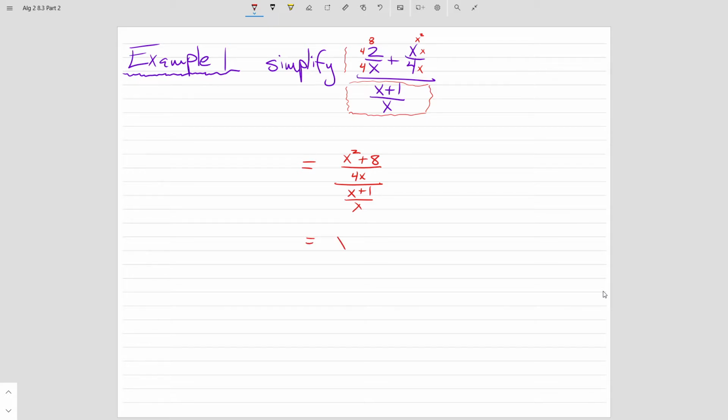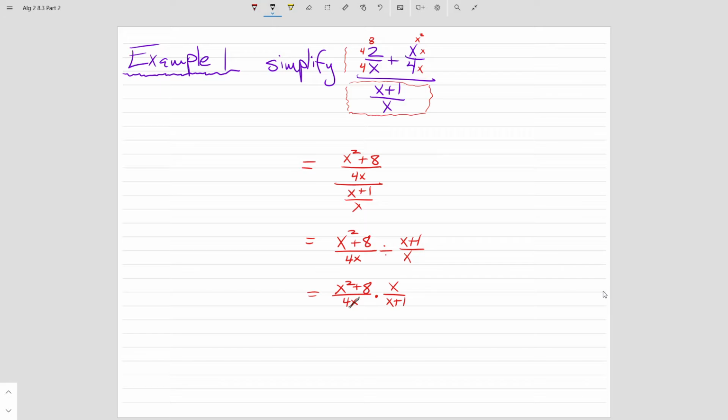And honestly, if I write it slightly different, as the top fraction divided by the bottom fraction, this should feel like just what we were doing in the last section. You're doing division of two fractions, so you change it to multiplication, flip the second one upside down, and then you're going to factor or reduce anything you can along the way.